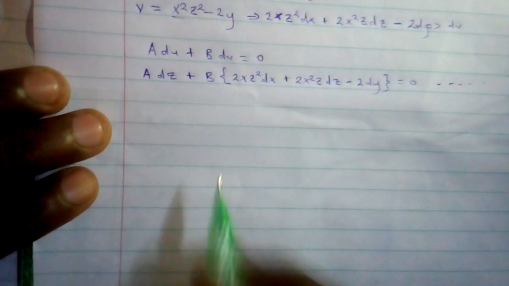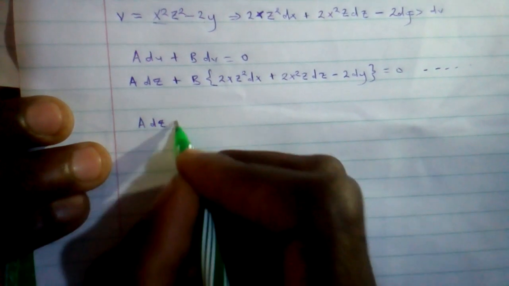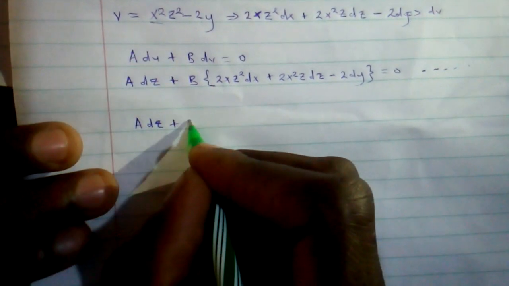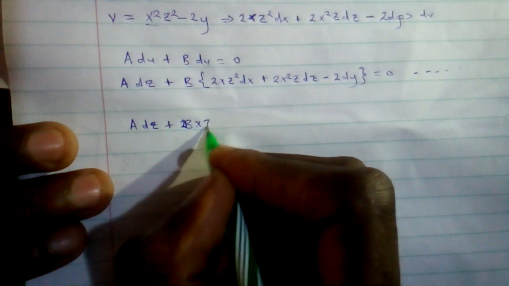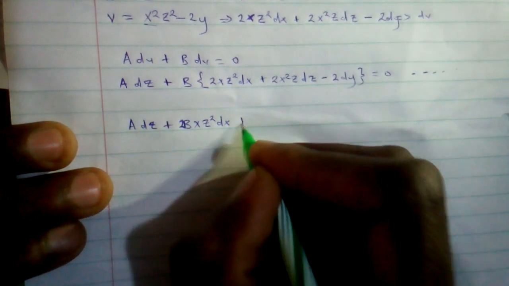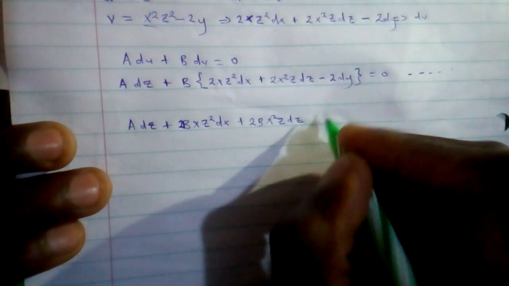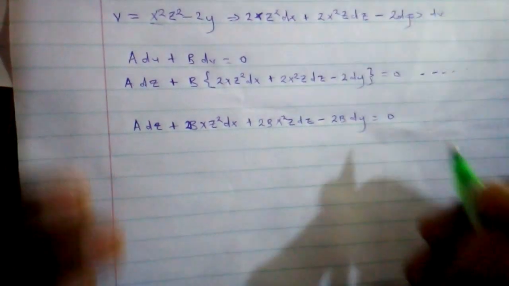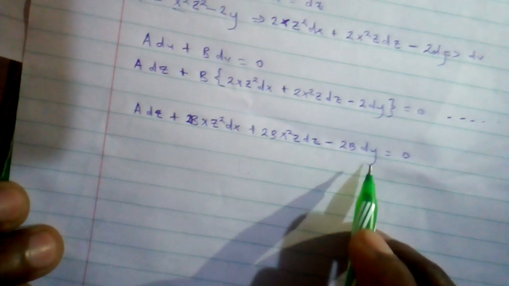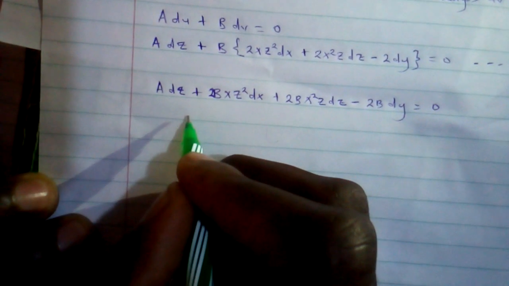So rearranging this, we will have a dz plus, opening the bracket, 2bxz squared dx plus 2bx squared z dz minus 2b dy is equal to 0. Let us rearrange this in the form of P dx plus Q dy plus R dz.